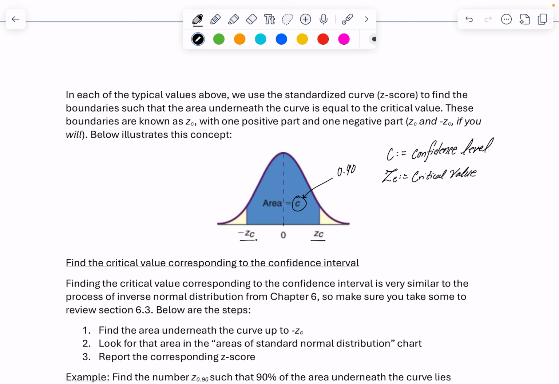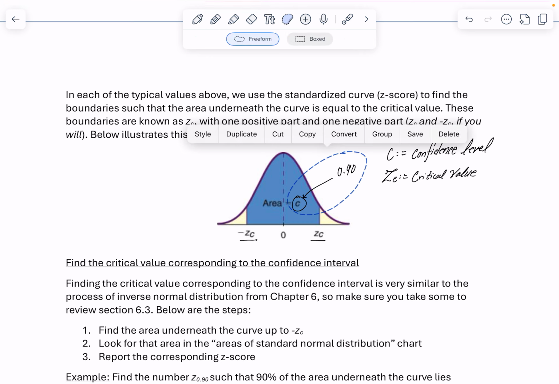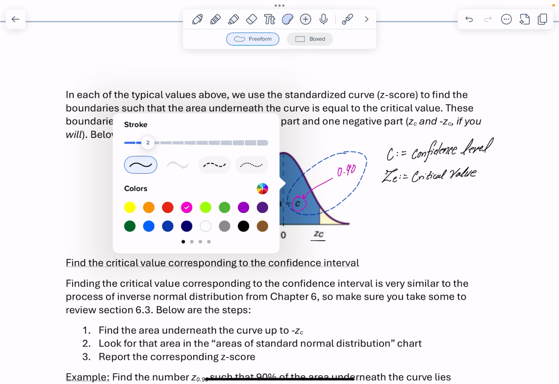And as we shift our mindset about confidence levels to be representative of this area underneath the curve, we start to intuitively think about how, as we increase our confidence level, we need to include more and more area underneath the curve. So if we're working with this 90% boundary, I'm going to change the color here to pink.